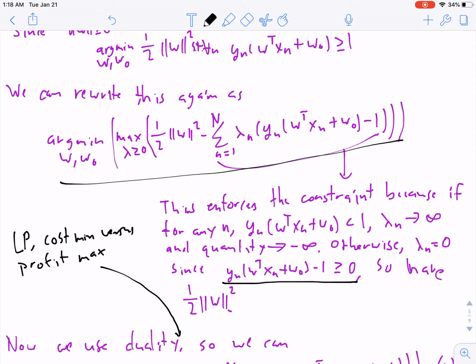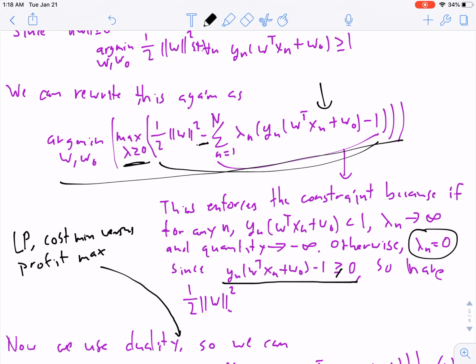And in fact, for any point where it's strictly greater than 0, lambda n has to be equal to 0, because we're maximizing over lambda this internal objective function. If it's strictly greater than 0, then this term is strictly positive. So since we're maximizing over lambda, we have to make lambda 0 so that we don't subtract from our objective function.